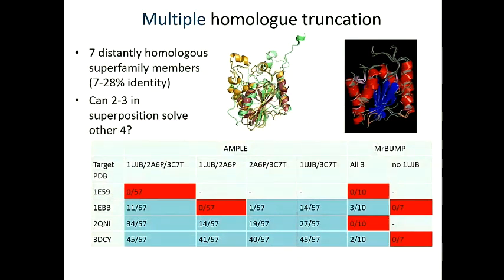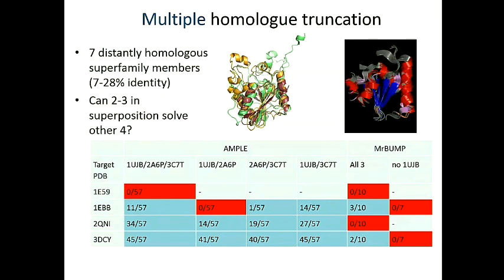So with several structures, AMPLE will start from what's shared between the three. Here we've got three members of a big superfamily, and we're going to try and solve a few others in the family. So you can see these are the three. They're very diverse. This is what they have in common.